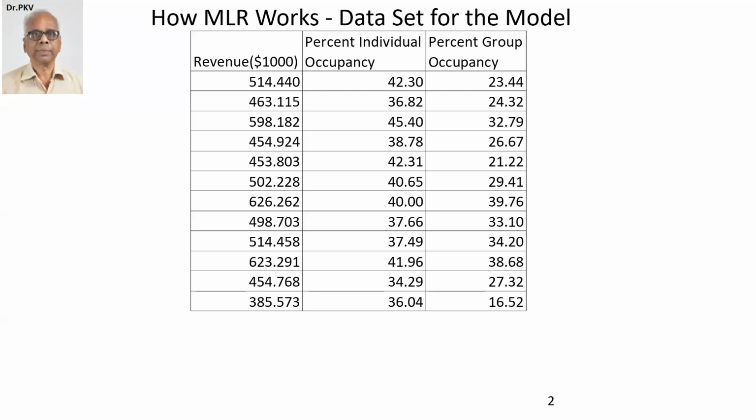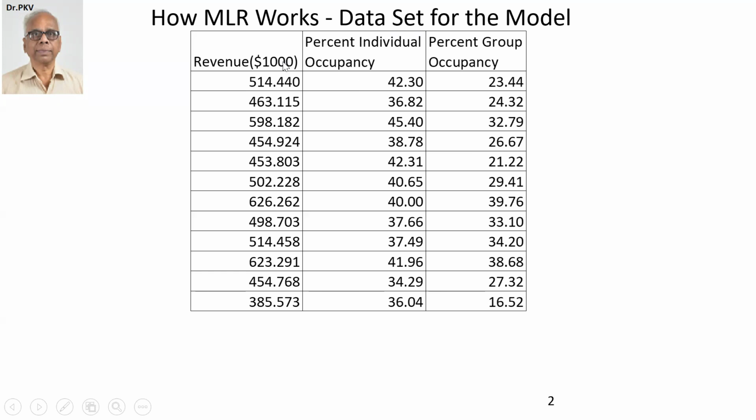There is a data set which is dealing with revenue management in a hotel. Revenue in $1,000 is the dependent variable, and we have two predictor variables, percent individual occupancy and percent group occupancy.